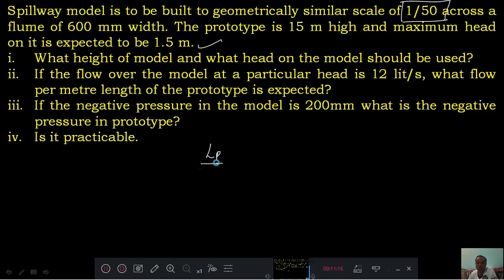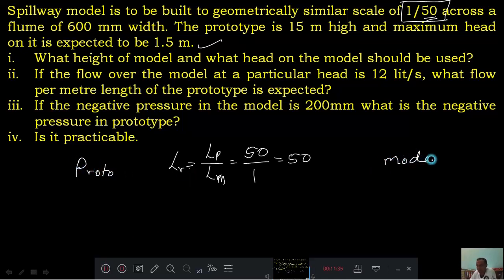That is Lp by Lm, that is 50 divided by 1. I already told you that 50 is the greater number for the prototype and for the model it is 1. Therefore it is 50, that is your Lr, right? Then we will have here a prototype, then we will have here model.